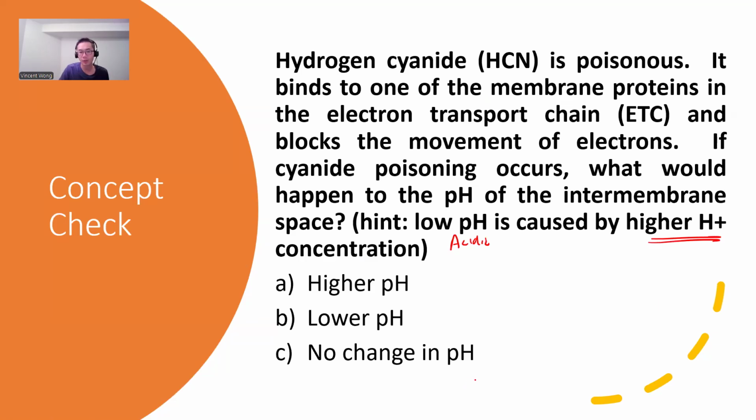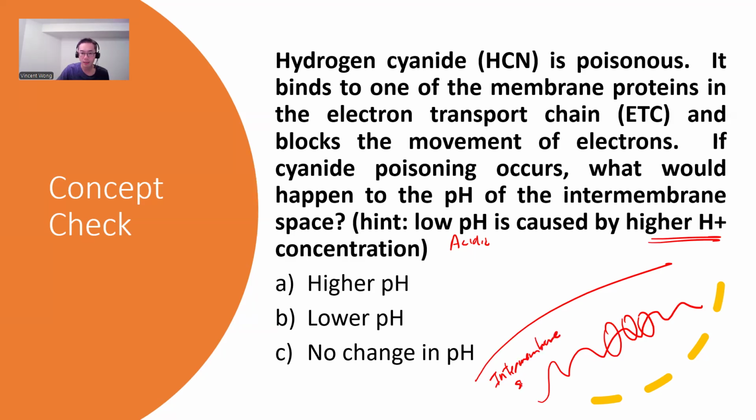So let's take a closer look. You should be familiar with this drawing by now because we drew it together. There is the ETC. This is the intermembrane space, right? So normally what happens is we pump H+ into the intermembrane space. That's the dam I have been talking about, right?